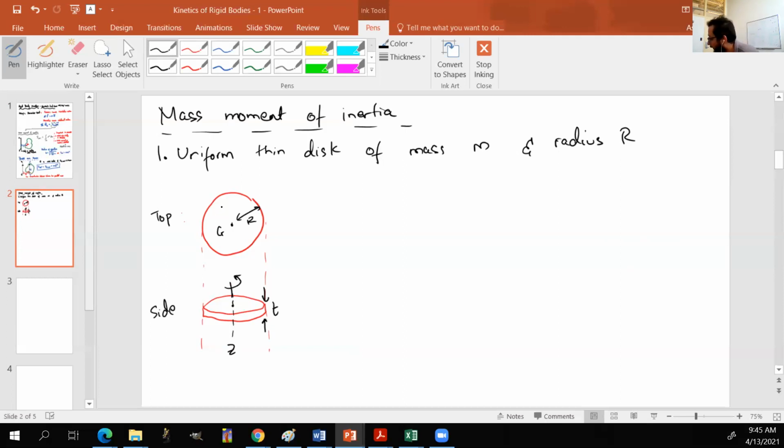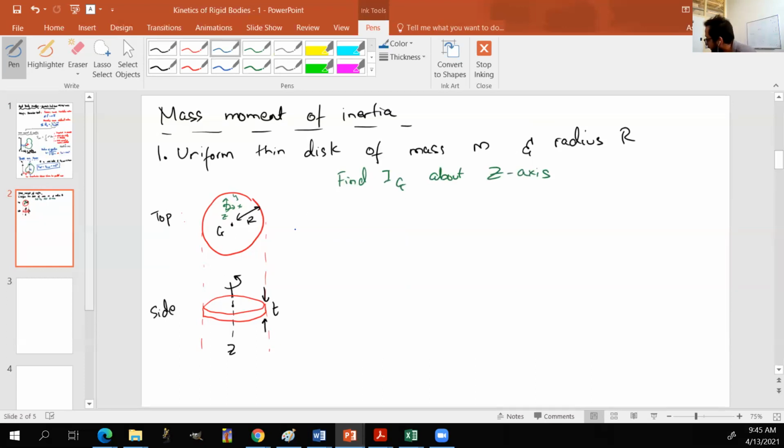So the xy plane is on the disk, and the z-axis is coming out, and that's the one that we're finding the moment of inertia about, right? So the task at hand is to find IG about the z-axis.